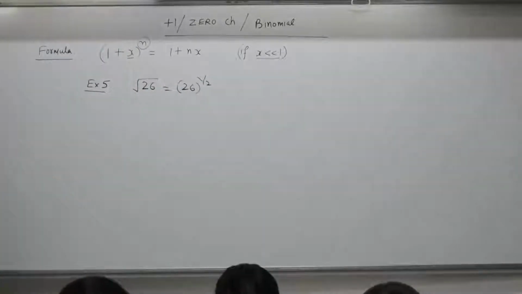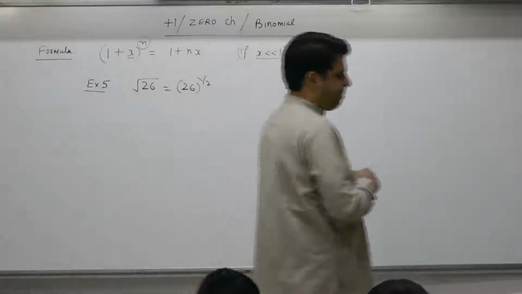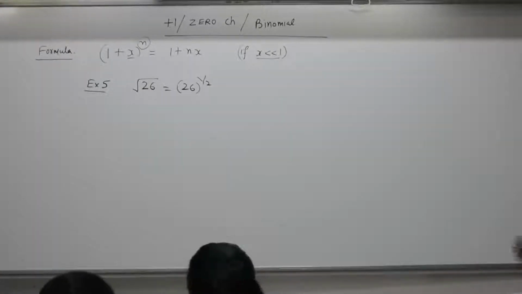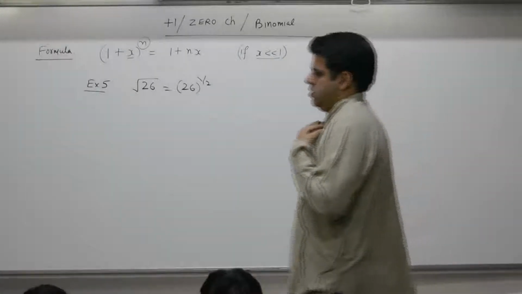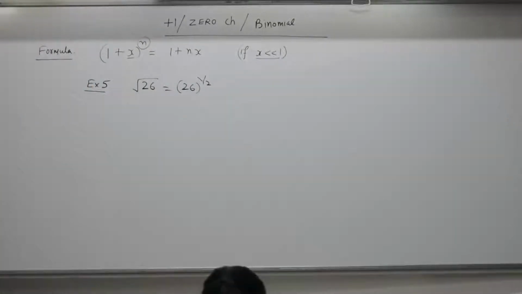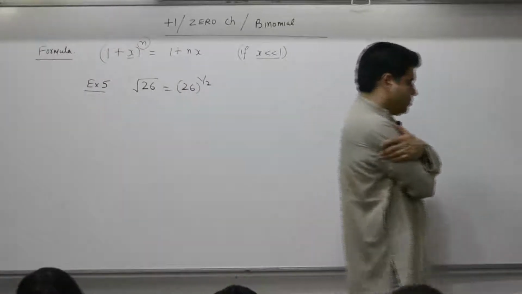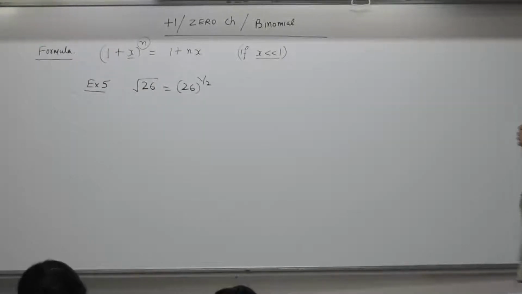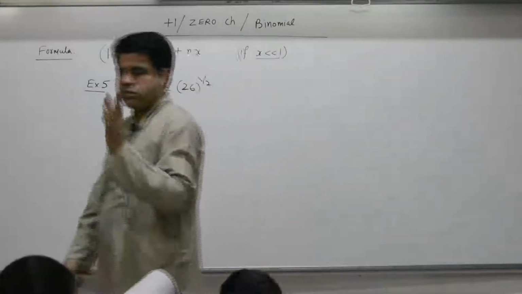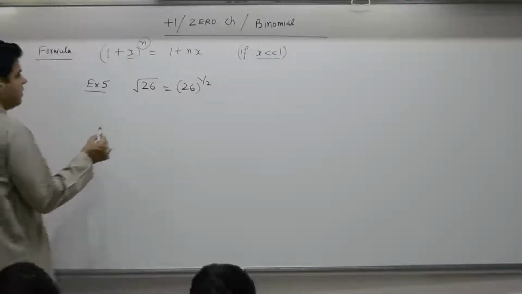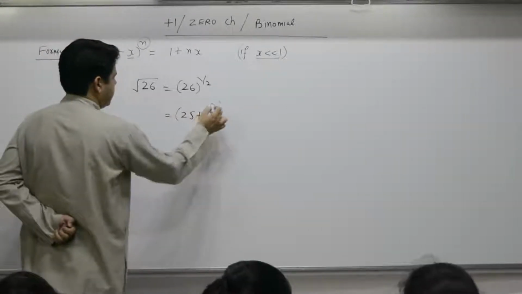We use binomial to find the value of 26 power 1 by 2. 26 power 1 by 2 is equal to 25 plus 1 power 1 by 2.